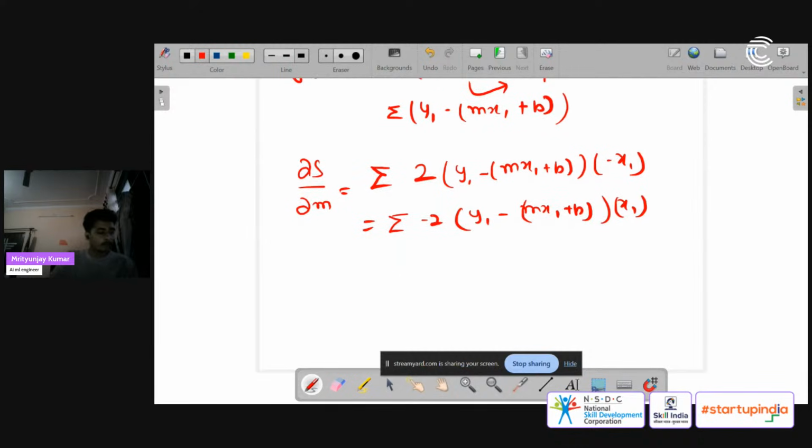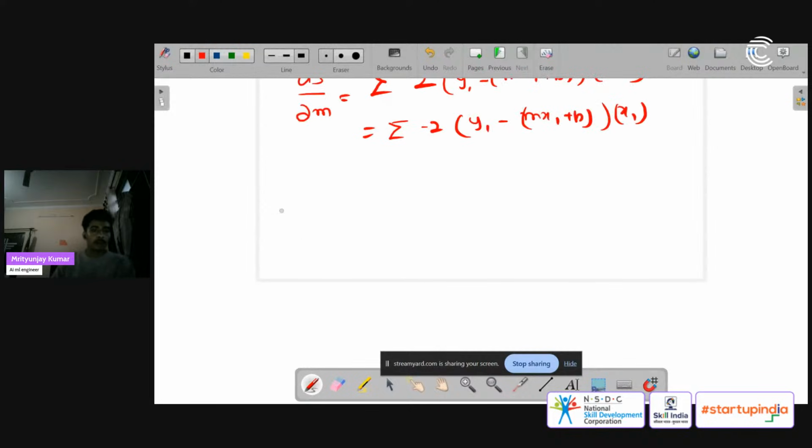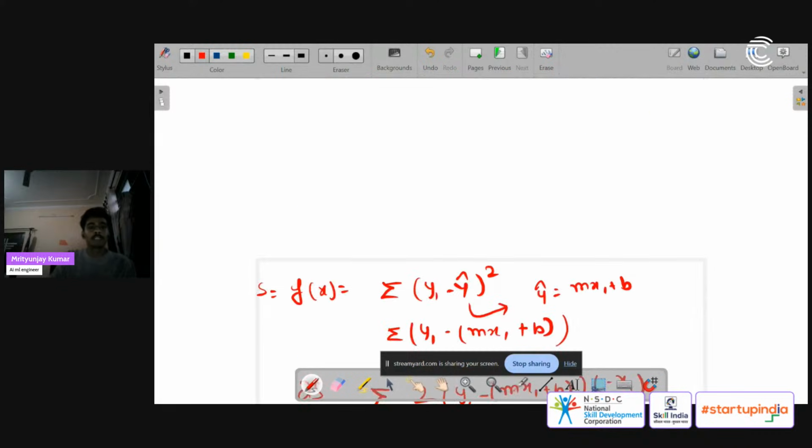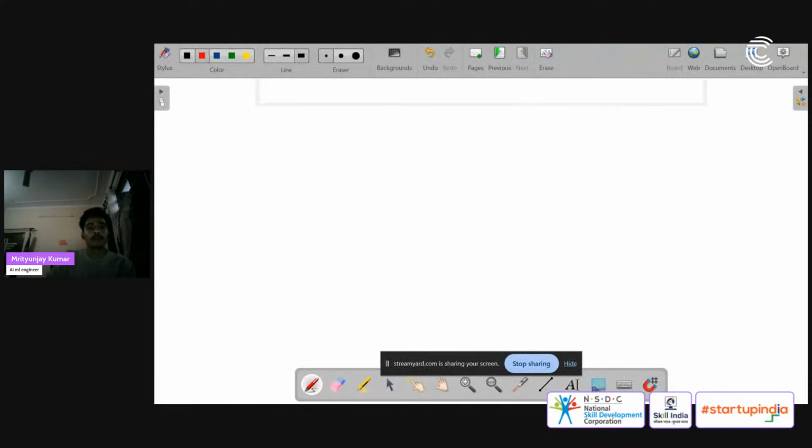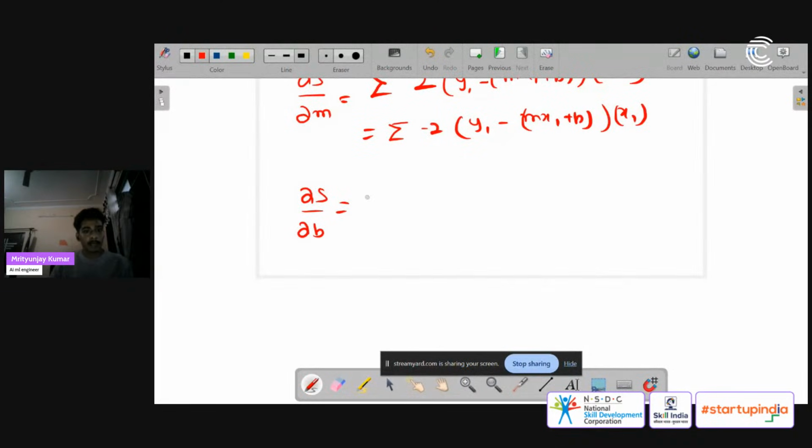Now again we are going to differentiate with respect to b. The s equation is not going to change, and the equation is still going to be like this. So again I'm going to write this equation for you: yi minus y predicted, that is m xi plus b, and squared, all in summation form.